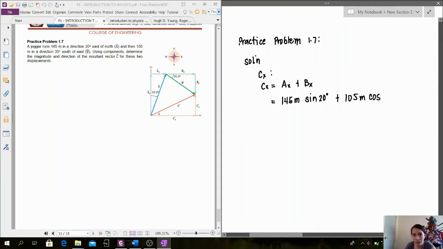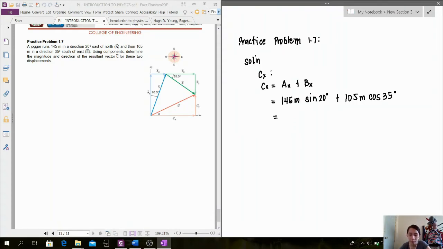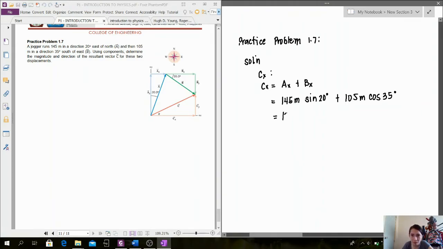So, cosine 35 degrees. So, this is equal to 135.60 meters. So, we have positive, which means it is directed to the east.